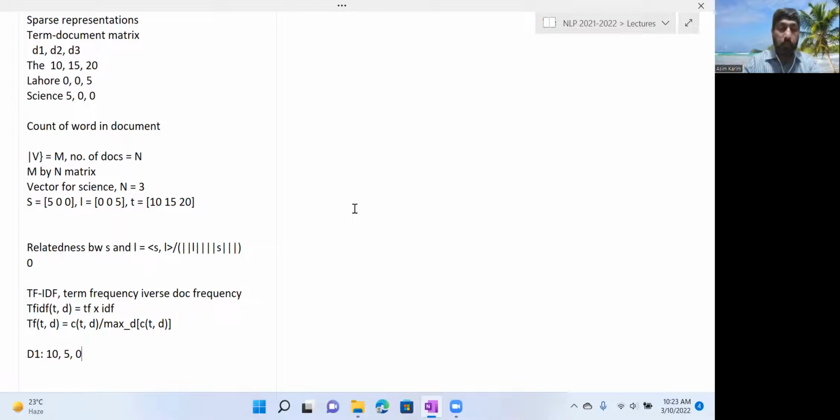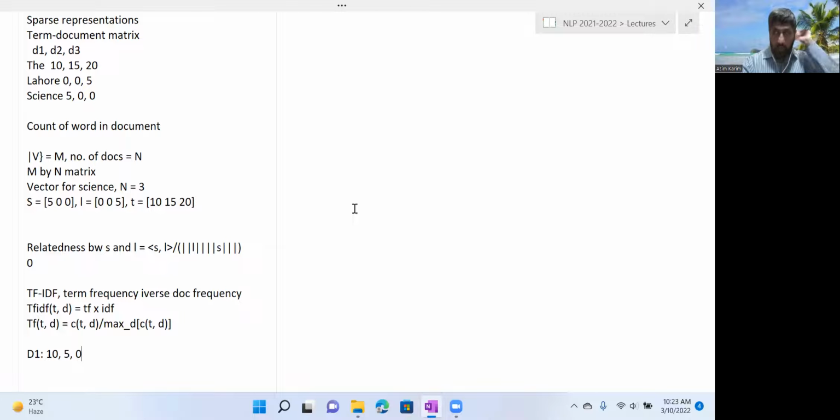So what is the maximum number of counts that is occurring? It is 10. So in the denominator, we will always have 10, so that in any case this ratio would have a value between 0 and 1. When you compute TF for the word D, 10 would be divided by 10 to give you 1. Otherwise, it will have a value between 0 and 1.